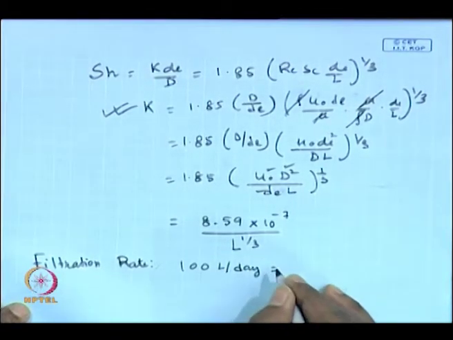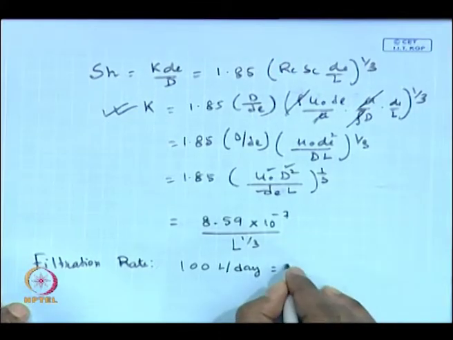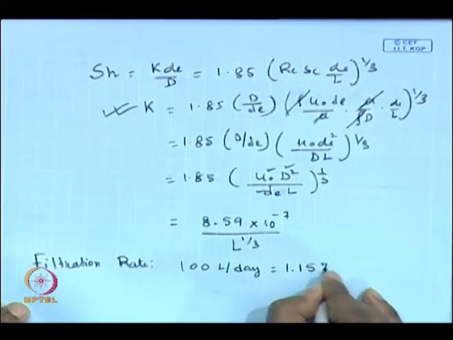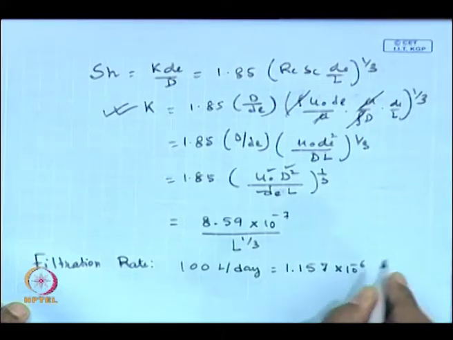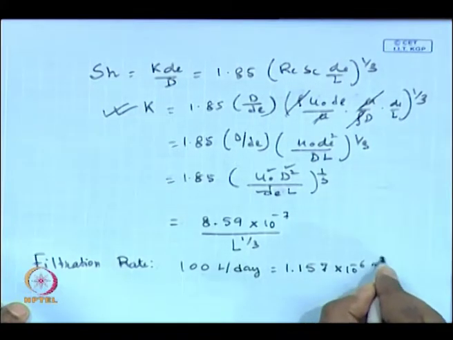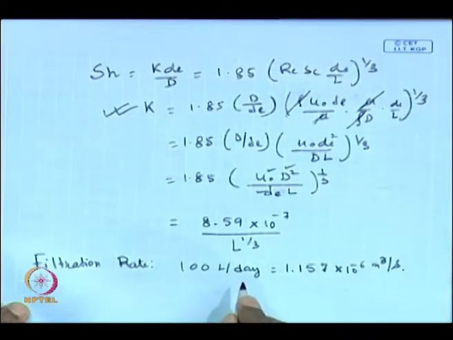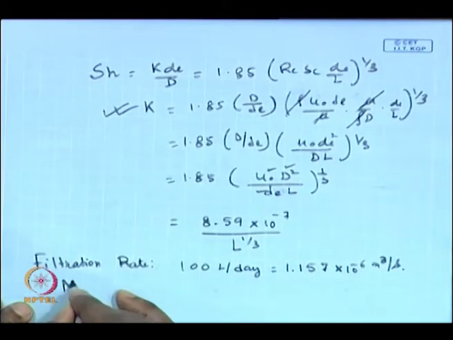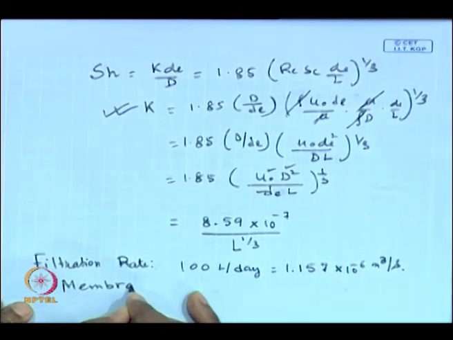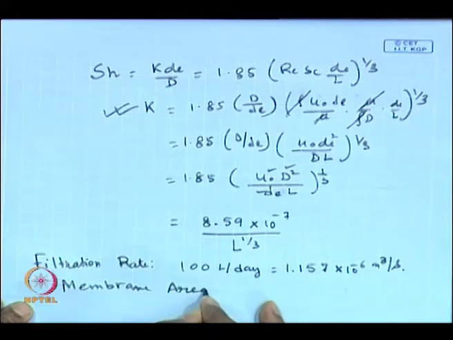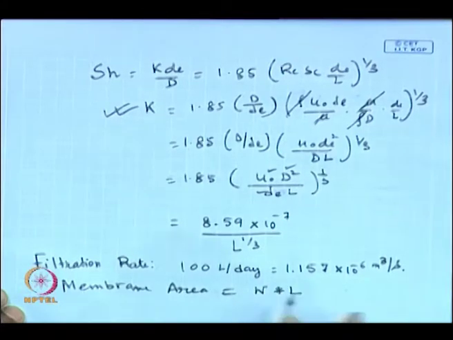If you convert into meter cube per second, it turns out to be 1.157 into 10 to the power minus 6 meter cube per second. And what is the membrane area? The width is given and the length you are going to find out. The membrane area will be W times L, that much meter square.